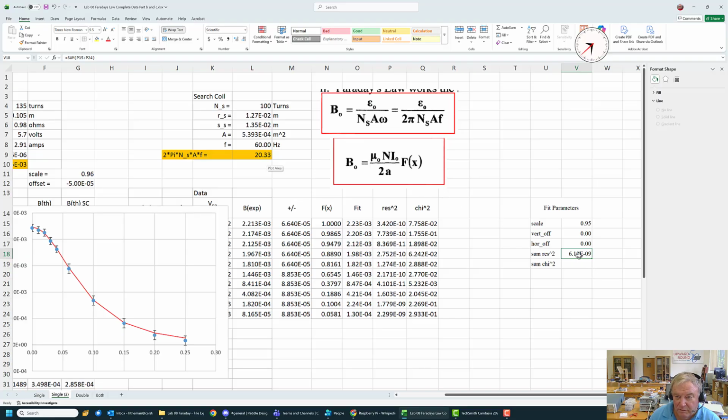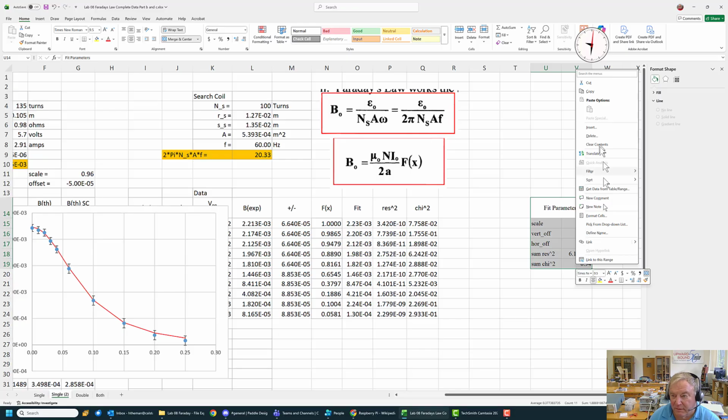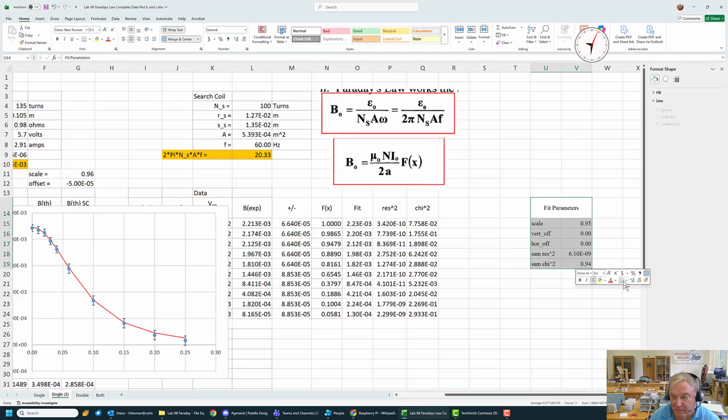Pretty darn good, huh? And equals sum of the chi-squareds. And interesting, that becomes a number. Okay. Let's put grid around it. And okay, that works for now.